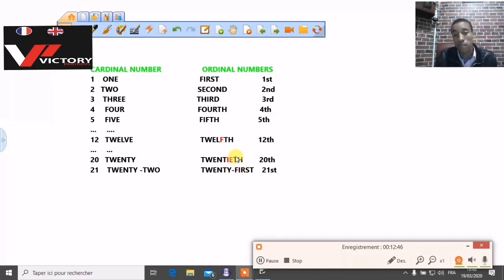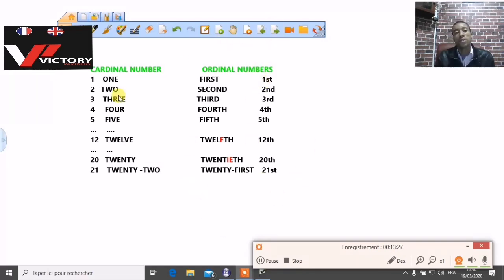There is also a change, right? So we drop y and we replace it with ie plus th. For 20, so 20th, 21, 21st, 22, 22nd, 23, 23rd, 24th, 25th, etc. Right?